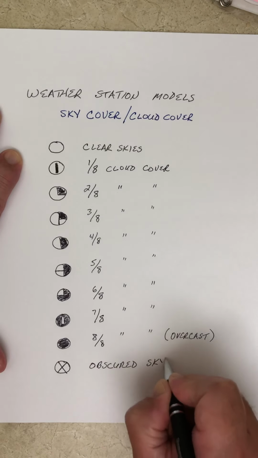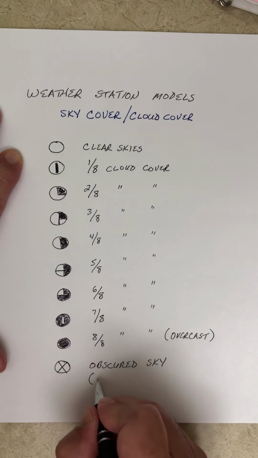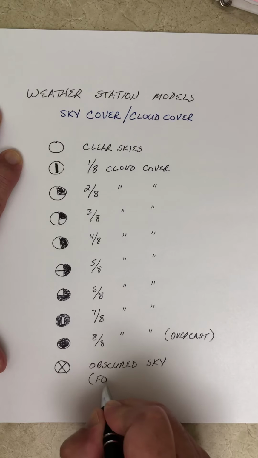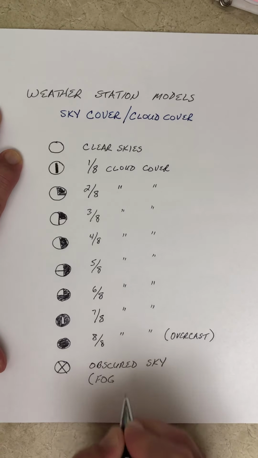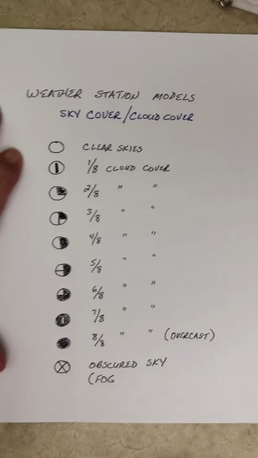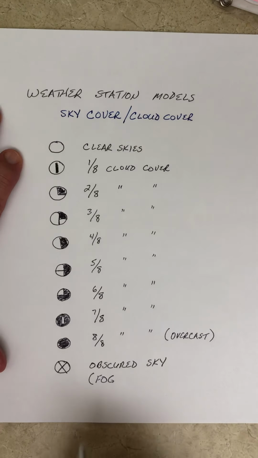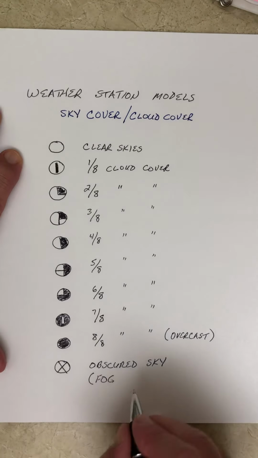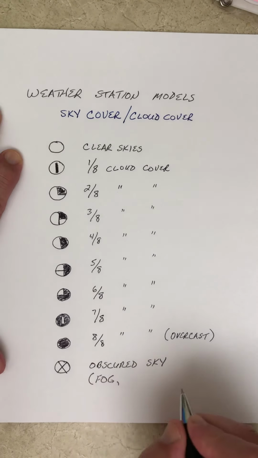And what would obscure the sky? Two common things would be fog. If it's foggy outside, you can't see the sky, and so you can't report on cloud cover. As a result, you'd put an X in the weather station model.